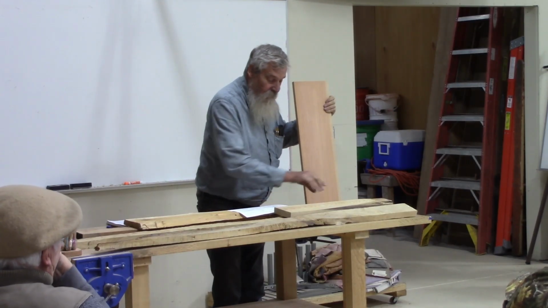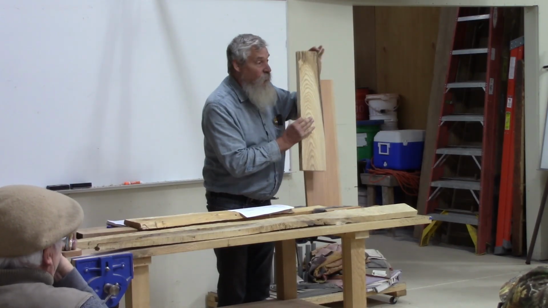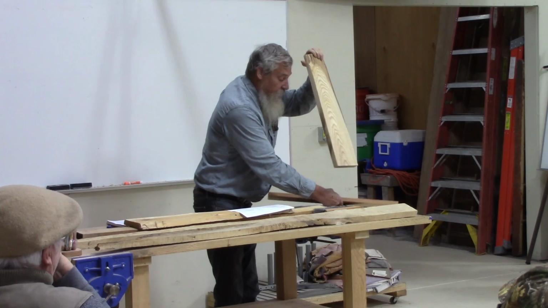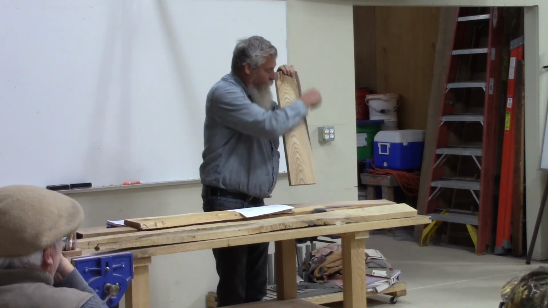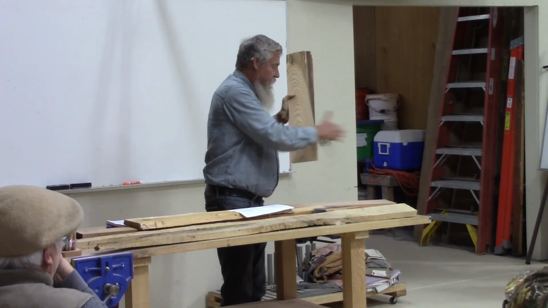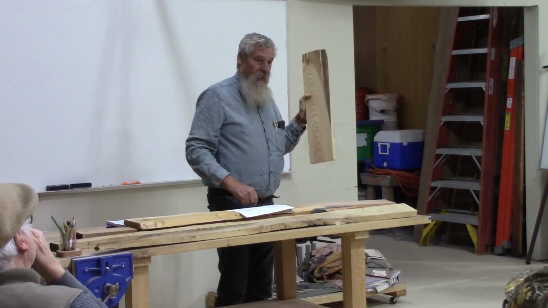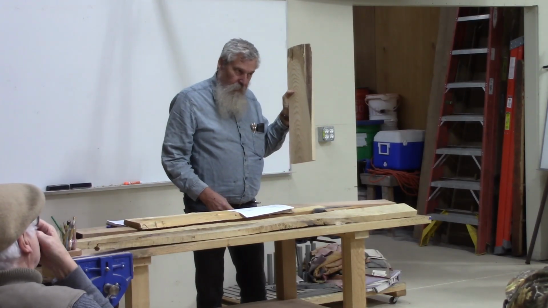If I can find a piece of wood that looks somewhat similar to the plain sawn, but then when I get out here, I've got some straight parallel lines. If I have another piece of wood that I attach to that, those straight parallel lines will match up and will hide themselves pretty good.